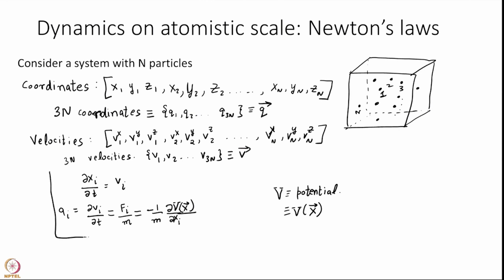These are called Newton's second law. It is really the same as F equal to ma, written for an n particle system. One thing I just want to bring up: for such a system where a potential is defined, it turns out there is a constant of motion, which is energy.